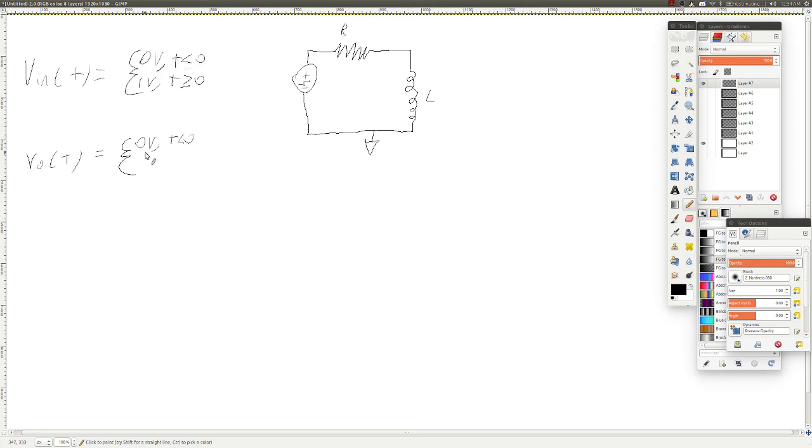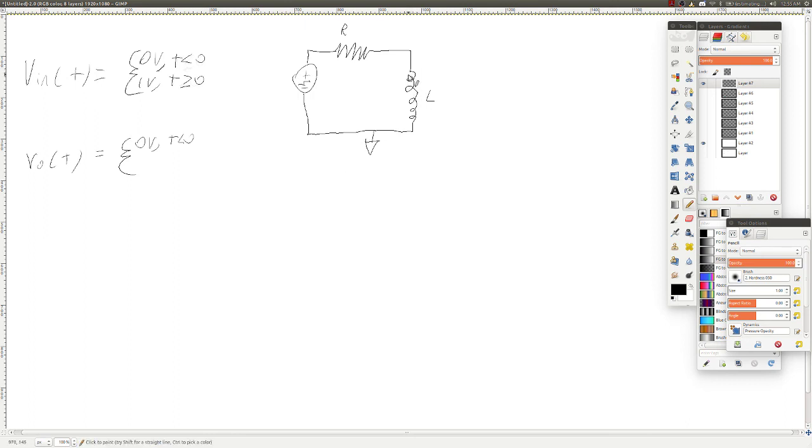So, 0 volts for t less than 0. And then, for t equals 0, something interesting is going to happen here. At the moment that the power switches on to the circuit, all of a sudden, you have a voltage here. An inductor charges in terms of current, which means that it will try to hold the current that it has at the time.